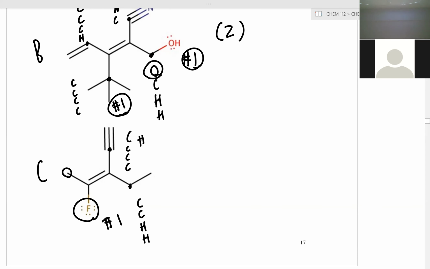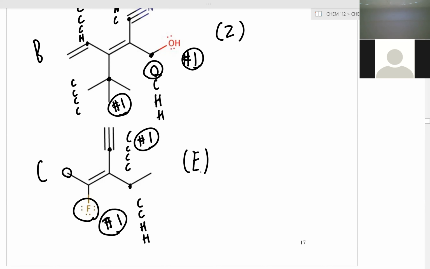The alkyne. So then, are high priority groups on the same or opposite side? Is this a Z or E alkene? It's E. Yep.